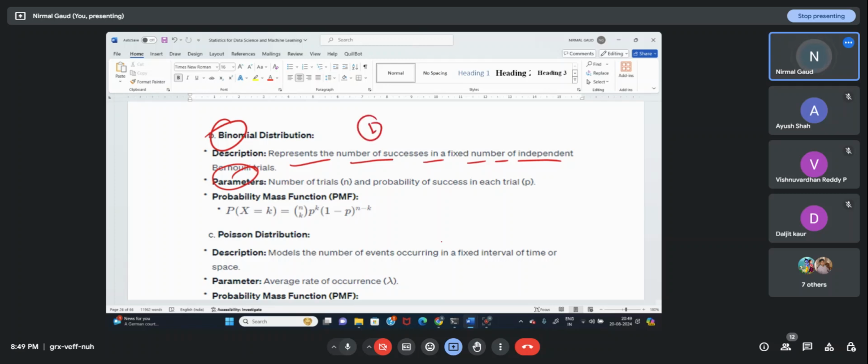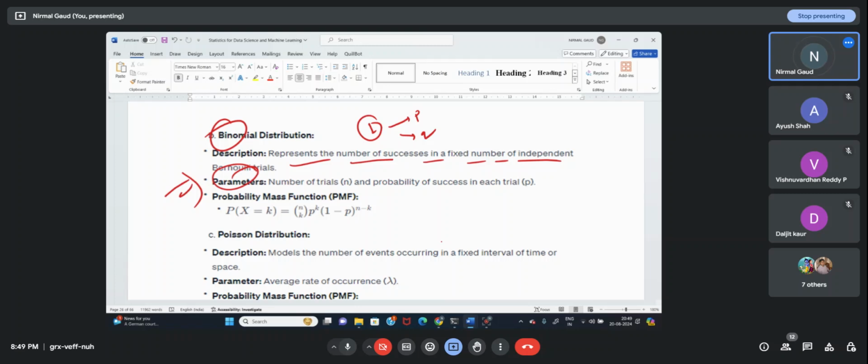In this one-time event, you may get success or failure. But when we repeatedly do this activity, it gets converted into binomial. So Bernoulli will be converted into binomial if we do a task a given number of times, number of trials.